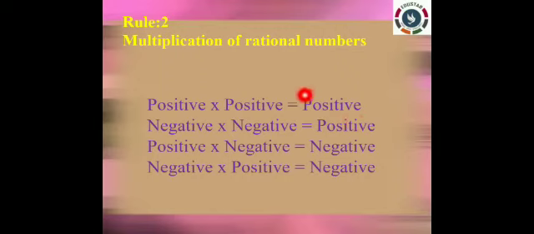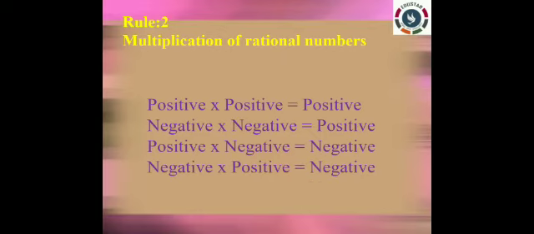Just multiply the rational numbers and the answer is a positive rational number. Next one, when you multiply two different signs, the result is always negative. Just multiply the rational numbers and make the answer a negative rational number.